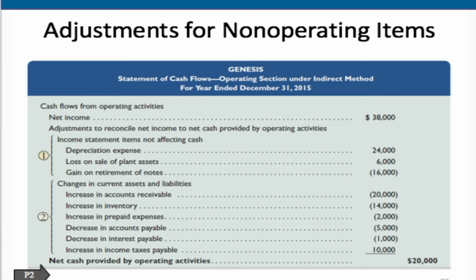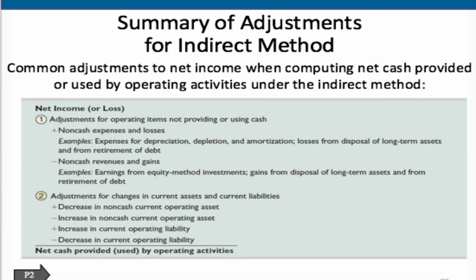Adjustments for changes in current assets. Decreases in current assets require the following adjustment. Add them back to net income. Increases in current assets would be subtracted from net income. Basically, any of these adjustments for non-operating activities, you would just reverse the effect of.